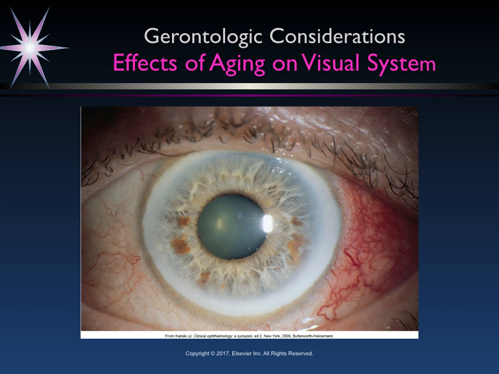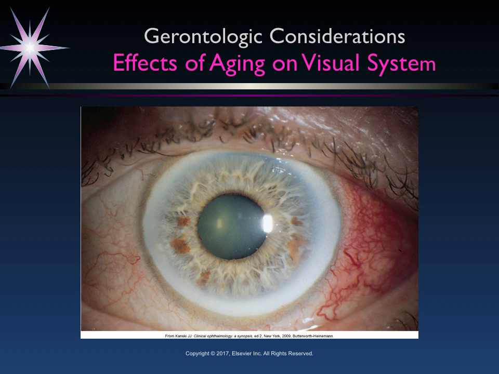As we age, every structure of the visual system is subject to change. Often it's due to decreased perfusion and oxygenation of the part of the eye that's affected. Some of these changes are benign, but others can lead to serious loss of vision. So, for instance, when you have presbyopia, yes, it's annoying, but it's not going to lead to serious loss of vision.